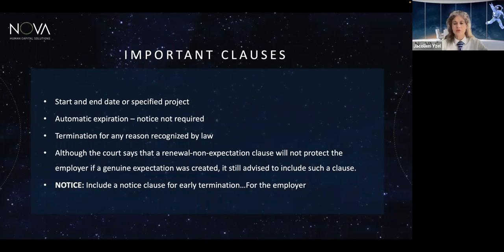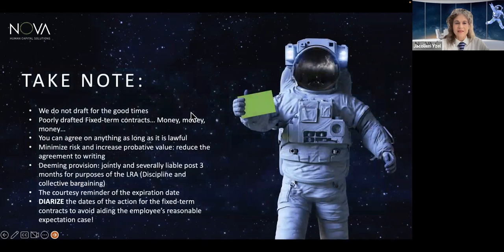All right. So do remember your notice clauses, your reasons for the contract, very important. And it's actually fairly simple. I want to start at the bottom of the slide. Diarize the dates of when your fixed term contracts will expire.